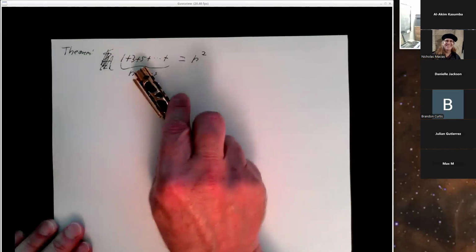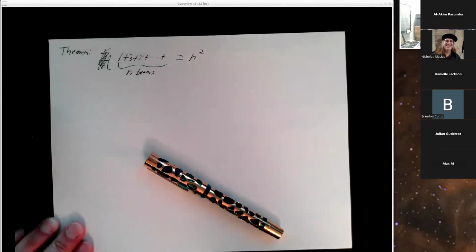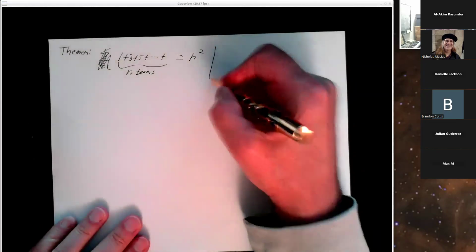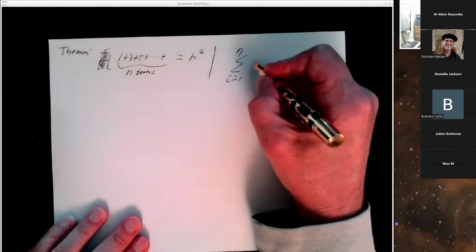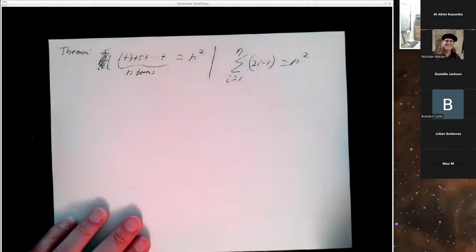So 1 plus 3 plus 5 is 3 squared. That's 9. 1 plus 3 plus 5 plus 7 is 16. That's 4 squared. So the sum of the first n odd numbers is n squared. So if I wanted to write this using summation, sum from i equals 1 to n of 2i minus 1 equals n squared.